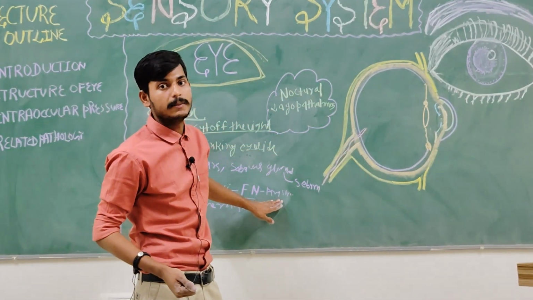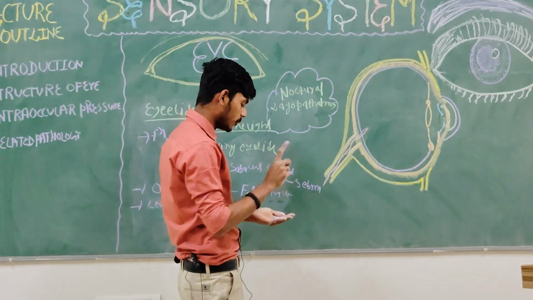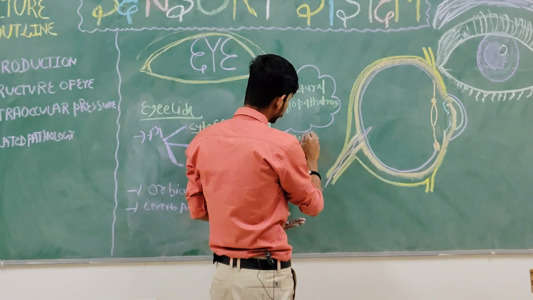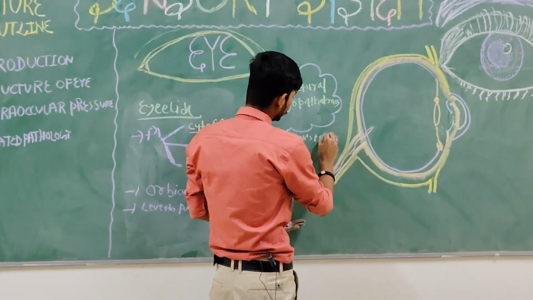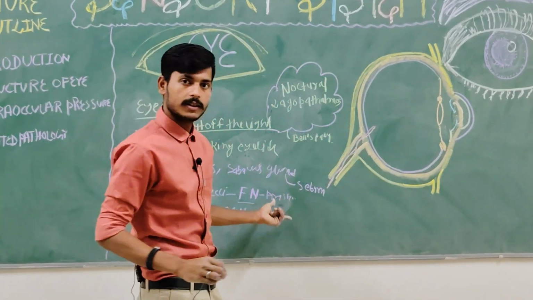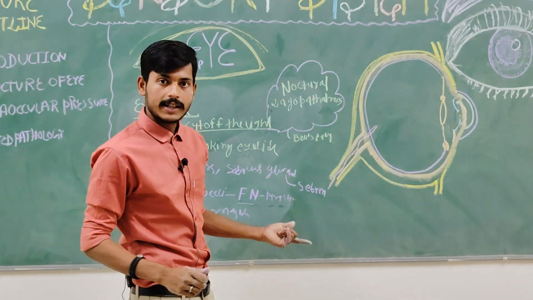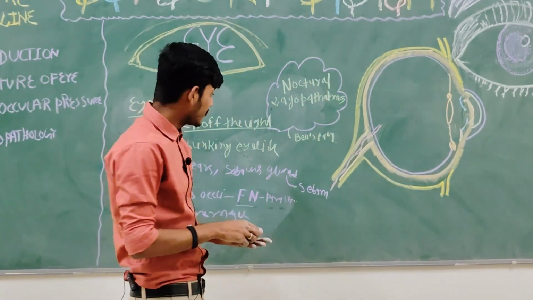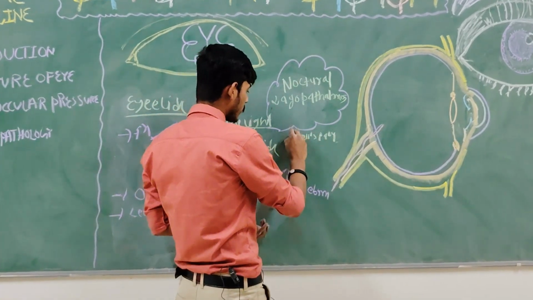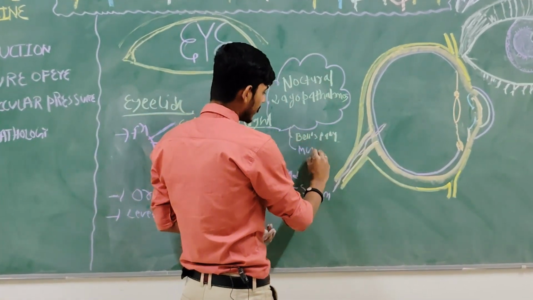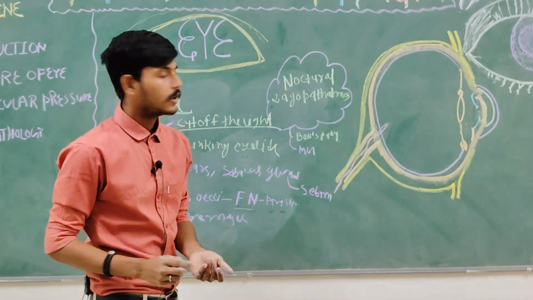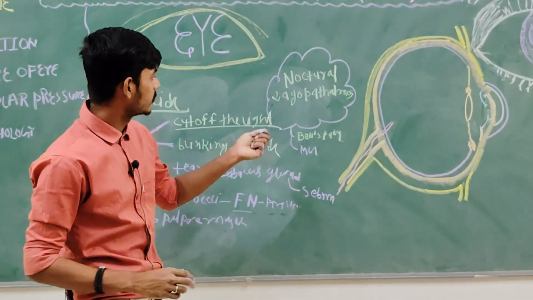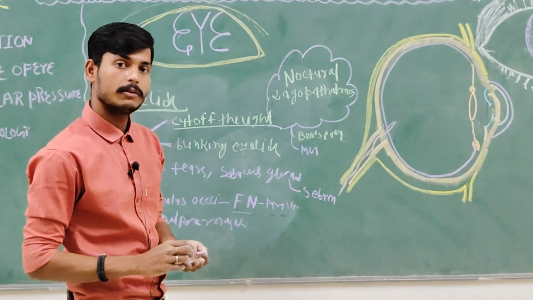That's basically called Bell's palsy. So one of the reasons is Bell's palsy, where the seventh cranial nerve got damaged. Second is the myasthenia gravis patient, MG, a neuromuscular problem that can also affect the person, and they are unable to close their eye.